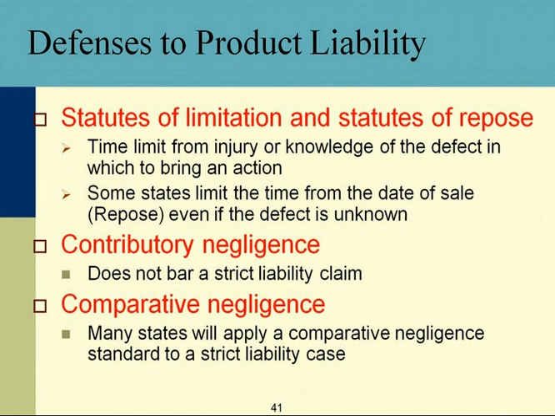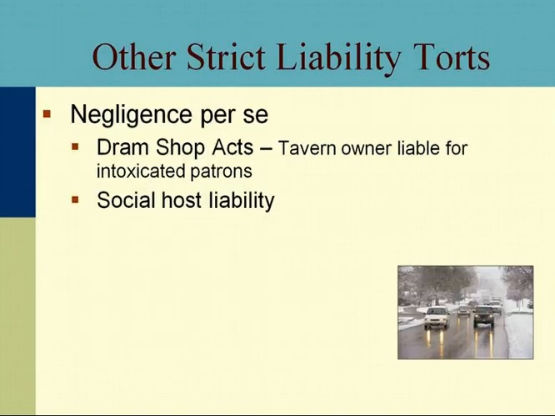the strict liability cases. Other strict liability torts are what they call negligence per se, and again, this is where no fault has to be identified, no duty identified. Dram shop acts make tavern owners liable for intoxicated patrons.